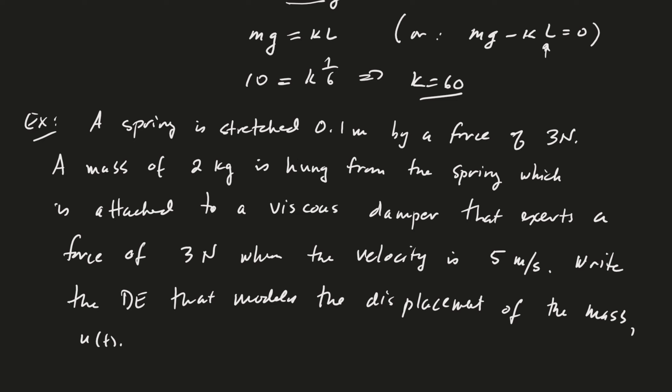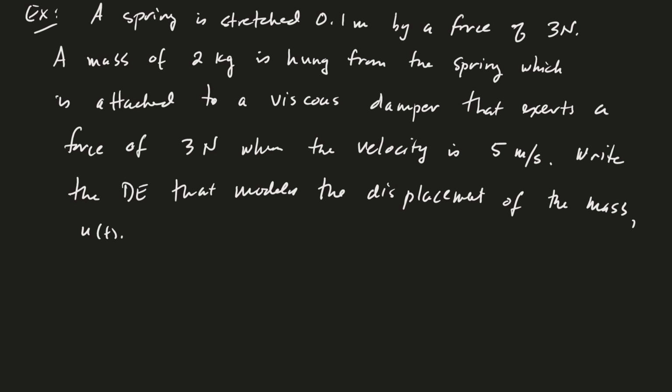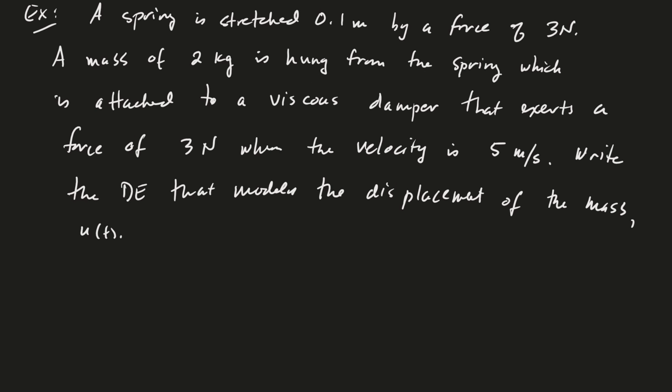Alright, so we've got a couple things going on here in this one. We have the spring constant, and we have the constant for the damping factor. So let's focus on the spring constant first. It sounds like we're not really told how much mass requires the stretching.